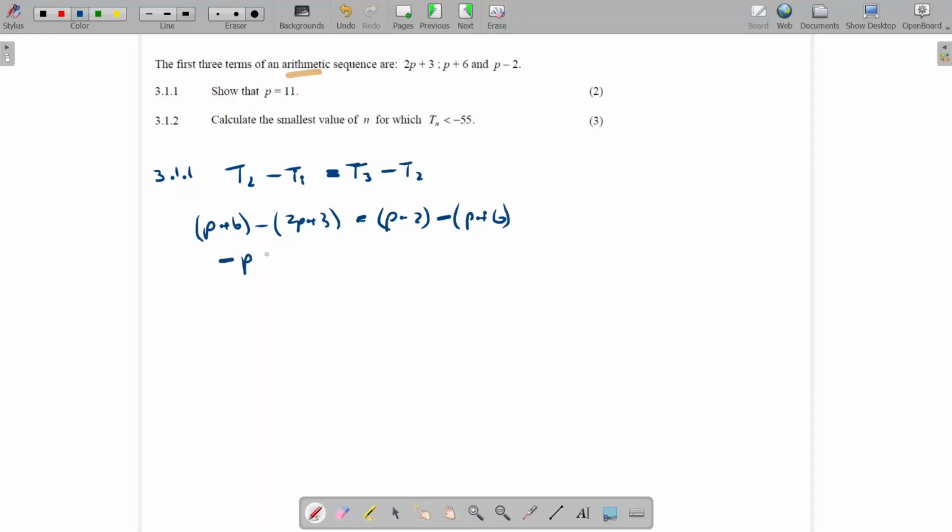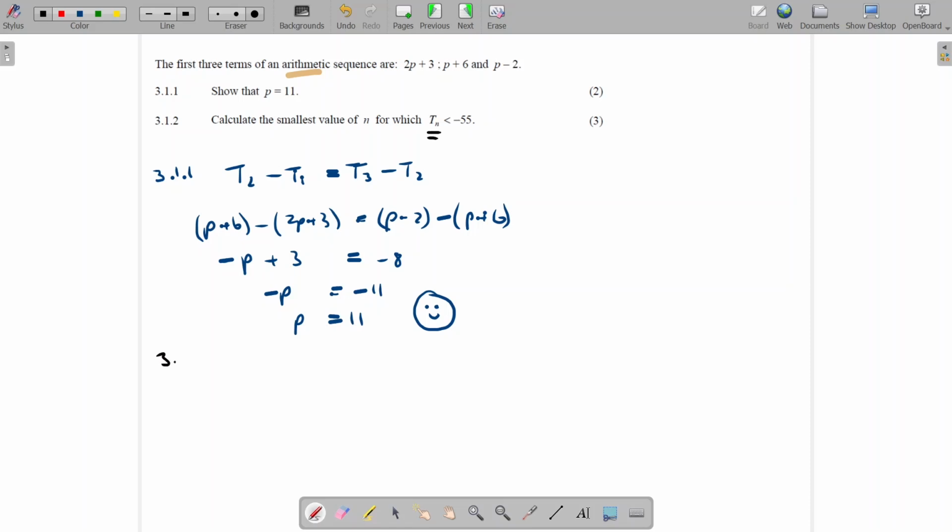Collect all this: it will be minus P plus 3 equals no P's. I'm getting an answer here of minus 8. So I'm getting minus P equals minus 11. P does equal 11, and I know that those 2 marks are probably secure.